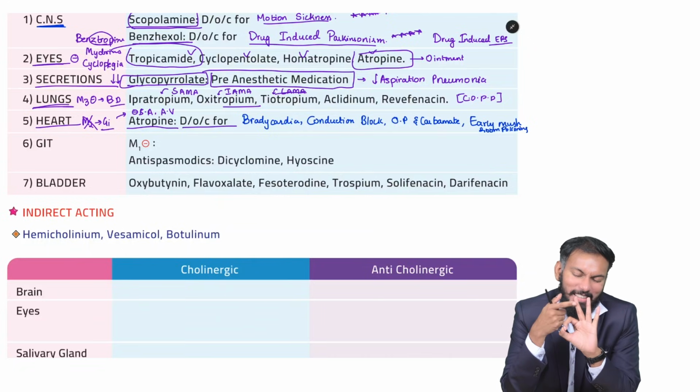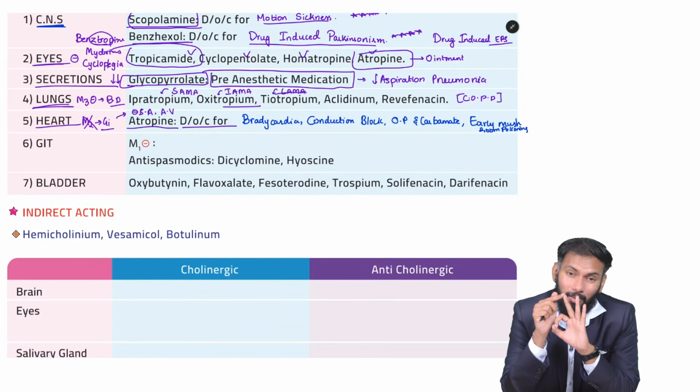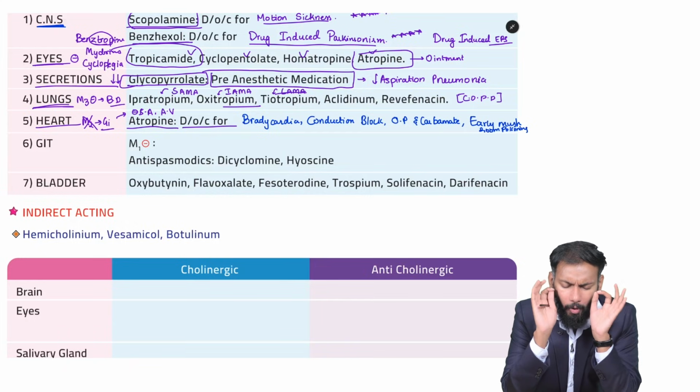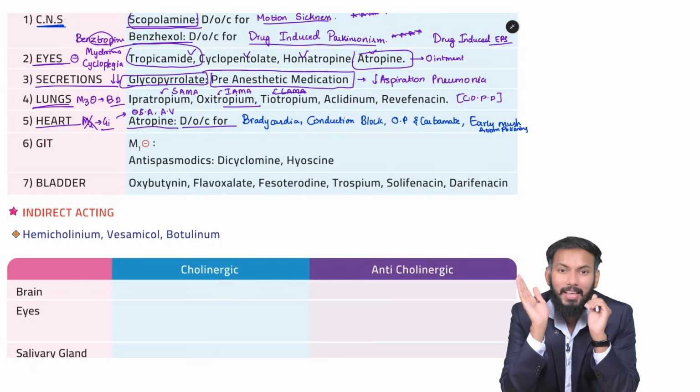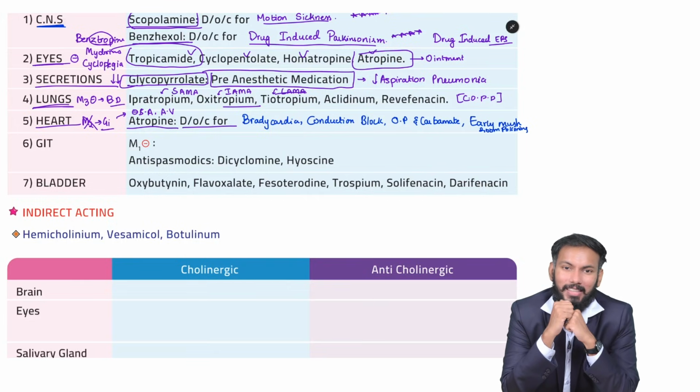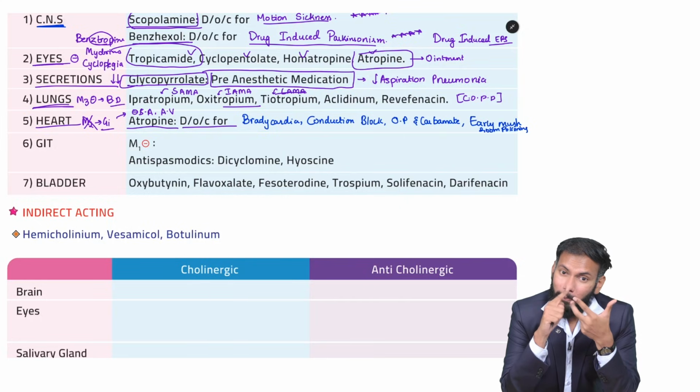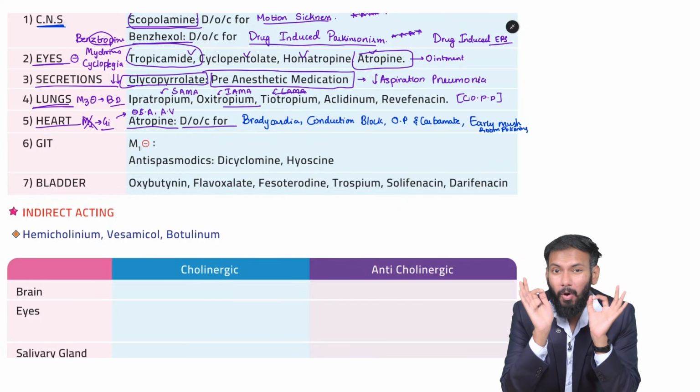Atropine. So, 5 things you have to remember about atropine. First 3 are pretty important. It is the drug of choice in bradycardia, OP poisoning, carbamate poisoning. Next are conduction block, and the next one is early mushroom poisoning. I want you to remember all of this about atropine. Atropine, very, very, very important drug. If I tell you 3 important drugs in these chapters, they are first atropine, next scopolamine, next benzhexol or benztropine. I want you to remember all these 3 drugs.